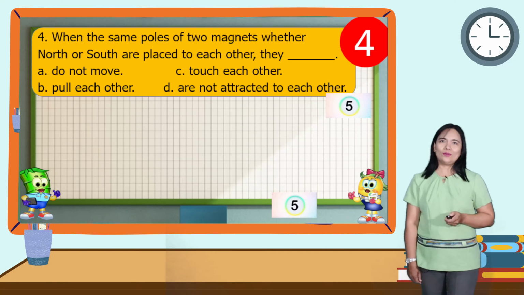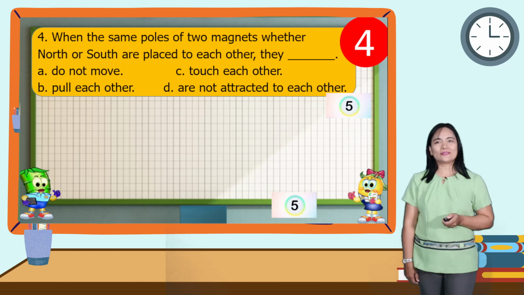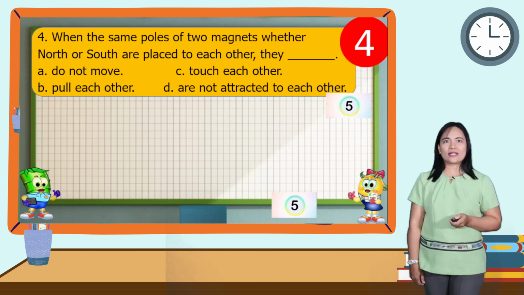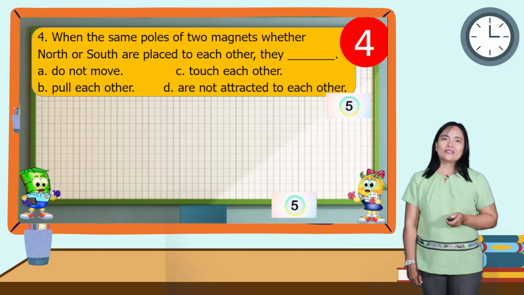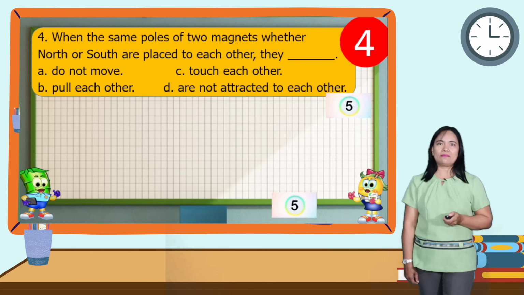What about number 4? When the same poles of two magnets, whether north or south, are placed to each other, they blank. A, do not move. B, pull each other. C, touch each other. And D, are not attracted to each other. I'll give you 5 seconds to write your answer in the comment box.